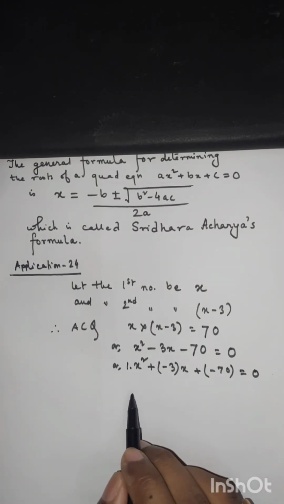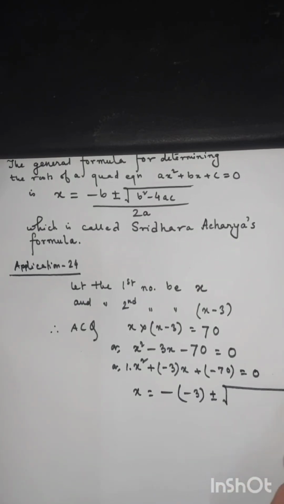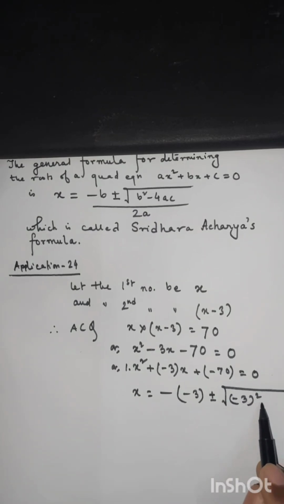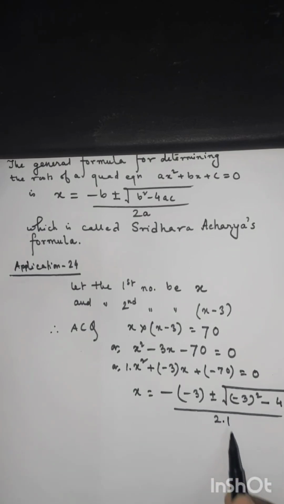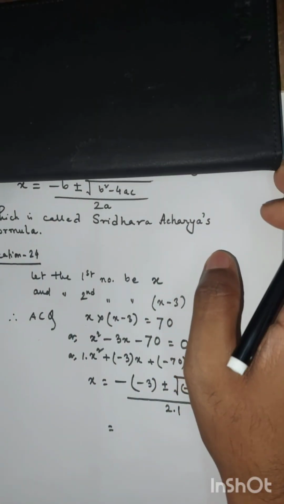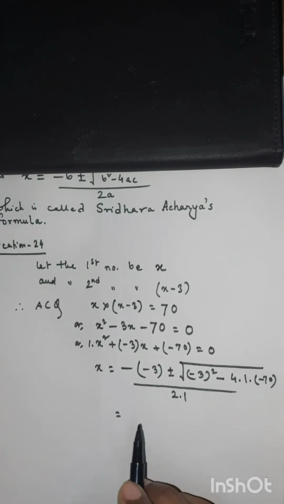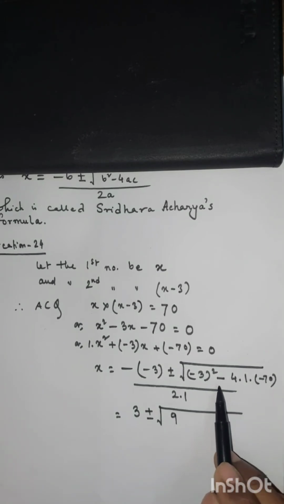Now by the formula we can write x should be equal to minus b, that means minus of minus 3, plus minus root over b square minus 4ac, 4 into 1 into c, by 2a, equal to minus and minus becomes plus.